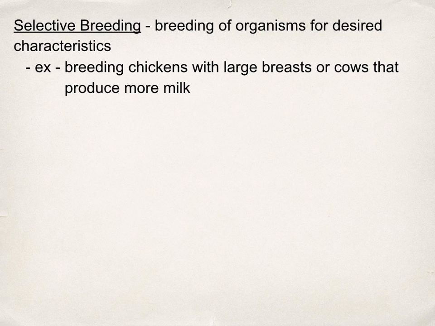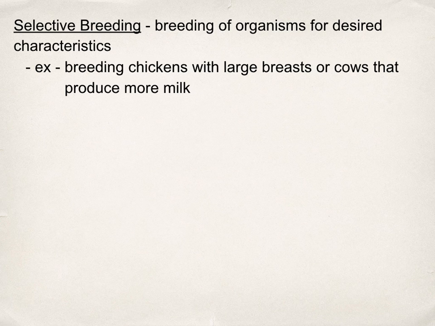For example, it's breeding chickens to have larger breasts because that's the part that we usually eat on the chicken, or to produce cows that produce more milk, or maybe it's even as simple as breeding the most pure bred dog or something like that. So you're trying to get the desired characteristic. Humans will control that through this process of selective breeding.